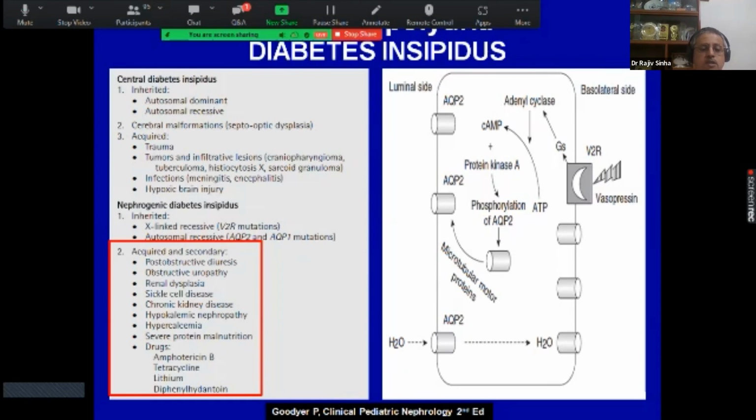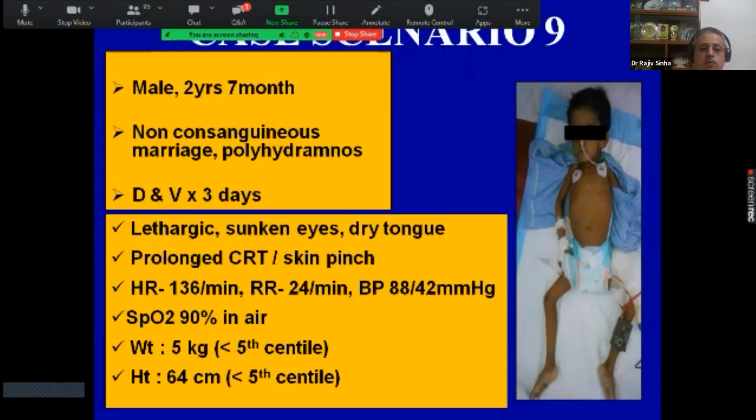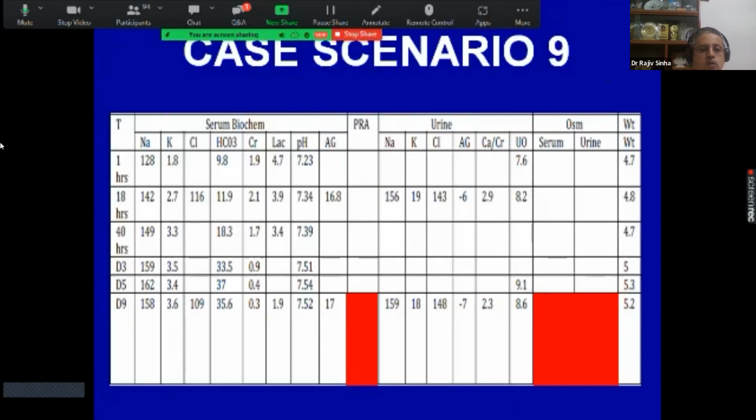For example, post-obstructive diuresis, obstructive uropathy, sickle cell disease, CKD, hypercalcemia, and as was described in the previous slide, and you will see subsequently also, it can also be a manifestation of Bartter syndrome. So similar to Srinivas, we also had a child with Bartter syndrome. I'll just quickly go through this child.